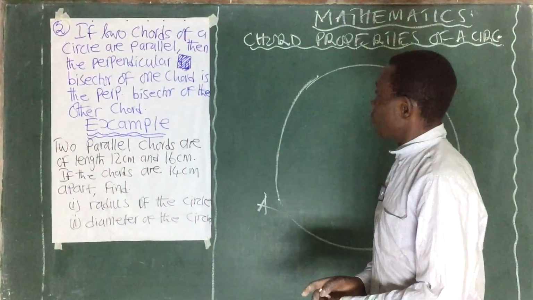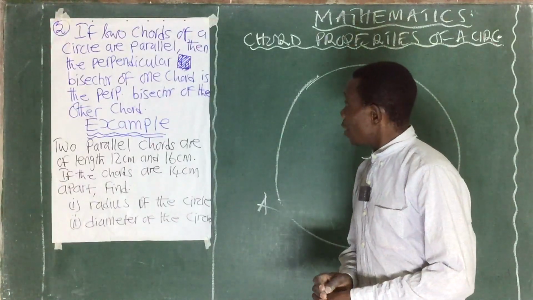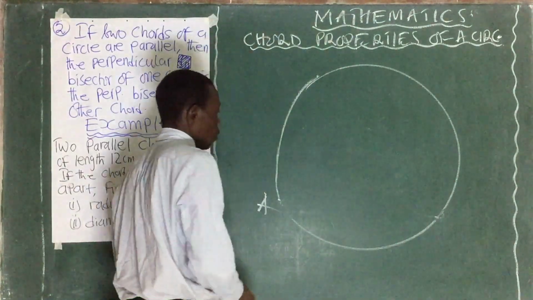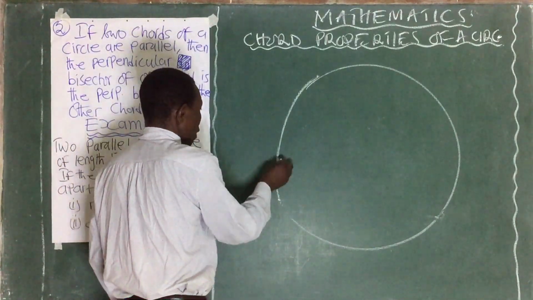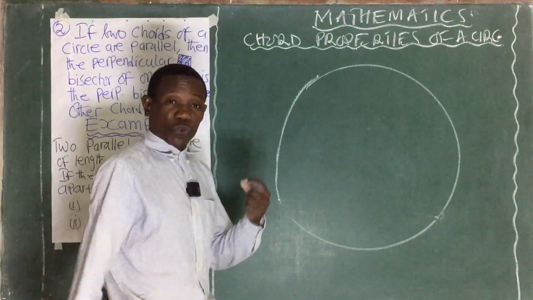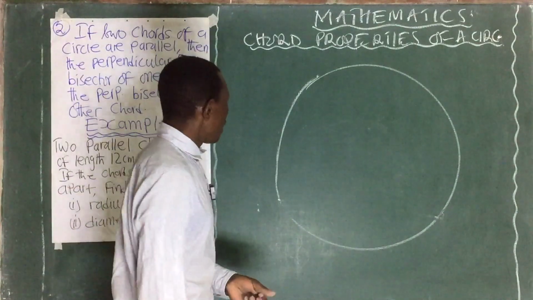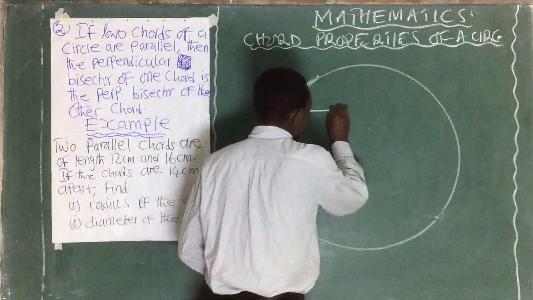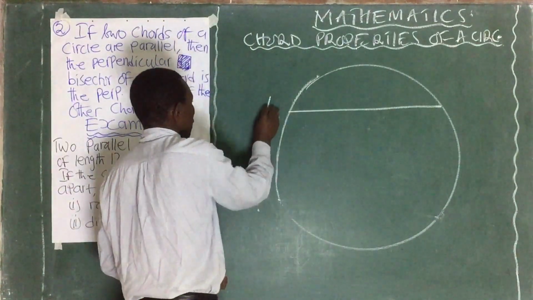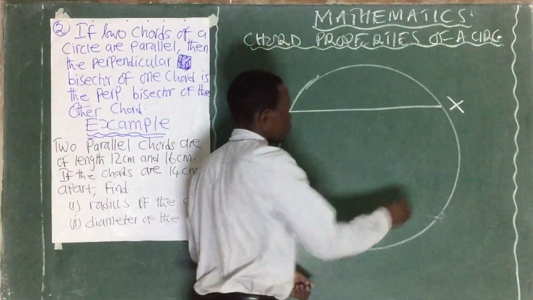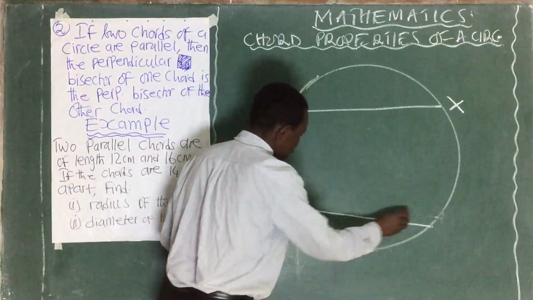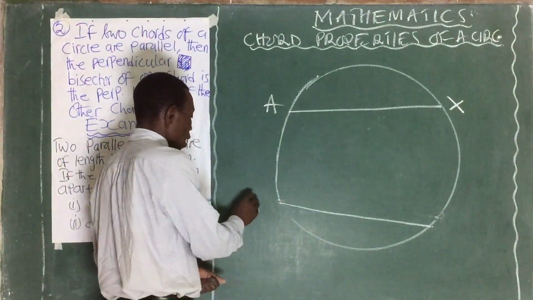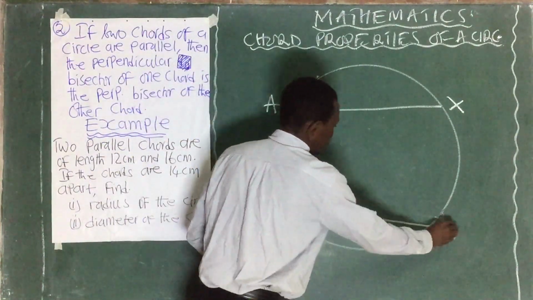You'll be able to realize that, meaning to say, if you construct a circle like this one here using a pair of compasses, and you happen to have two chords which are parallel, like say for example, I have this one as a chord AX, and then I have another chord here which is described by NH.